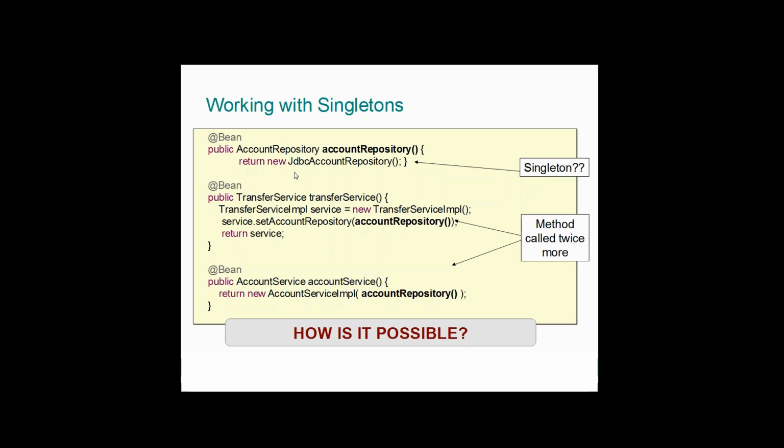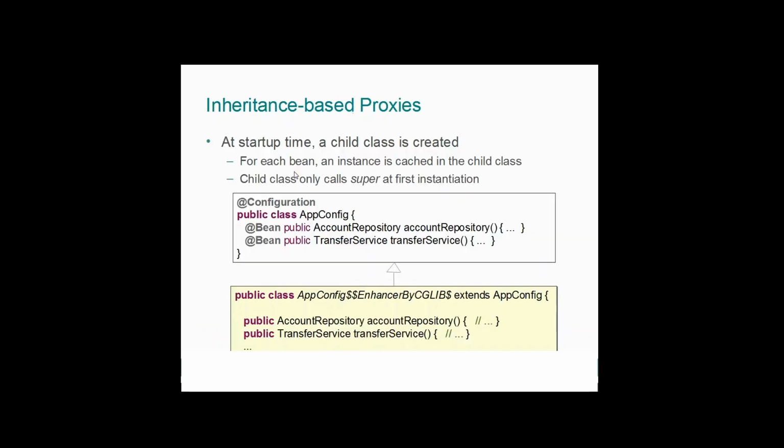The way it is achieved behind the scenes is that Spring will create a kind of proxy object. Let's say I have this class, AppConfig, which is my Java configuration class.